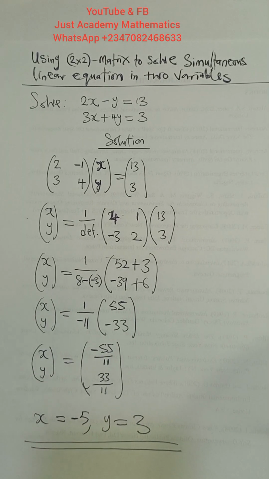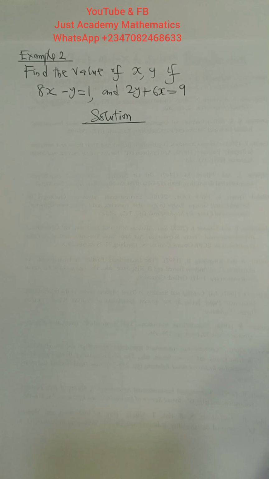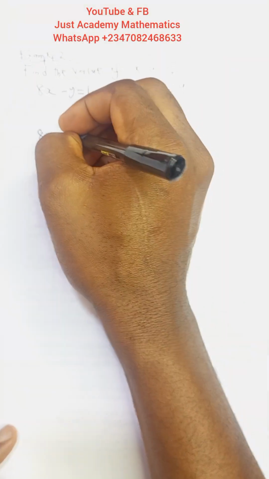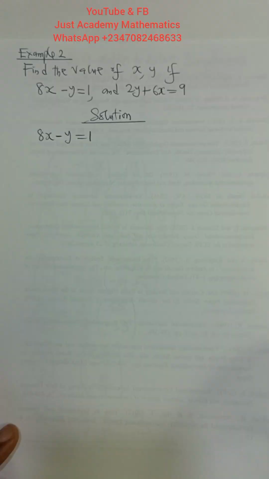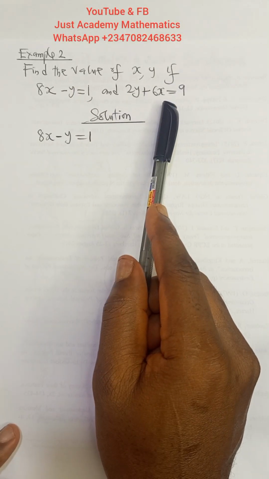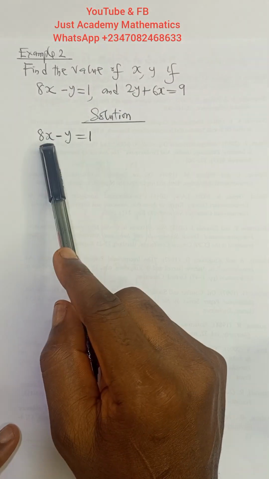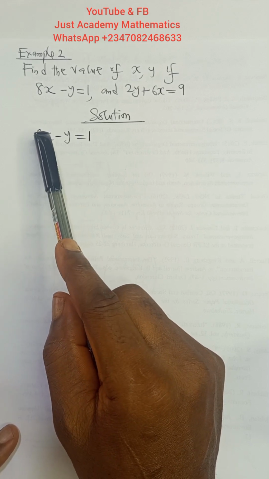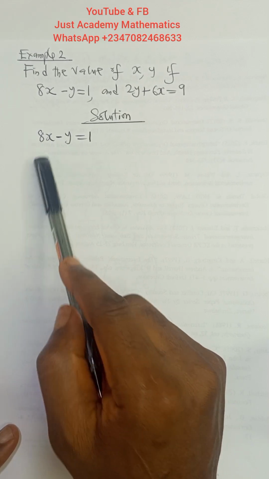Okay, let's move on. Now, the same thing we have here with the first example, of course, you know what we follow. So this is simply 8x minus y equals to 1. So you are advised to arrange this one properly, because if you write 2y here now plus 6x, you will notice that x and y will be in one line.